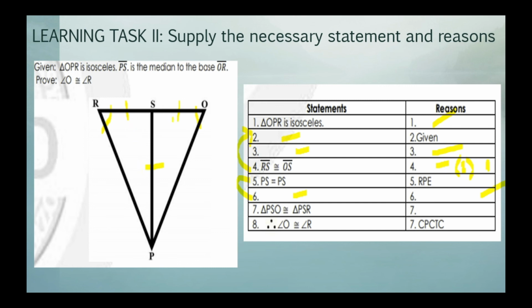Ayan, meron na tayong RS. Ayan, yung statement number 3 pala, base yan sa statement 1. Isosceles. So, kung isosceles yan, ibig sabihin, congruent yung dalawang legs. Ito yon, legs. Ayan. Okay? So, number 8, therefore, angle O is congruent to angle R by CPCTC.